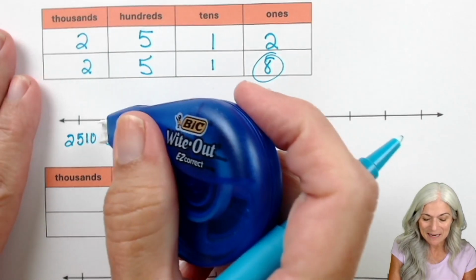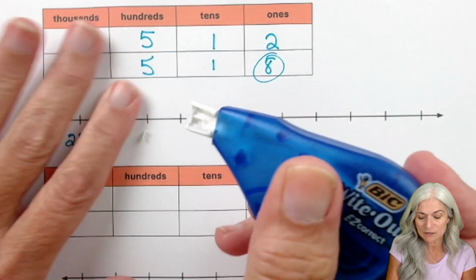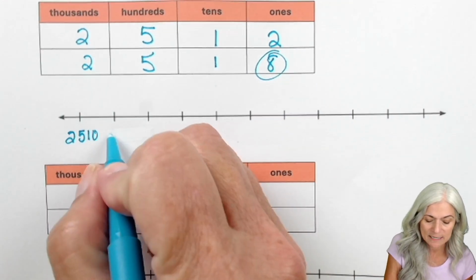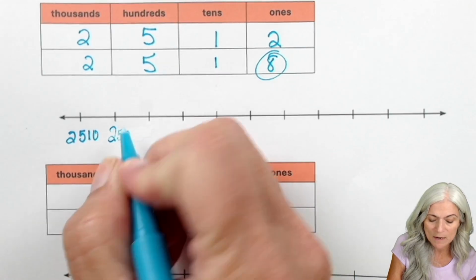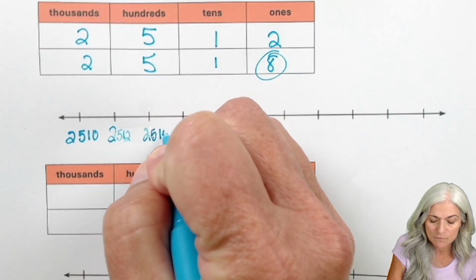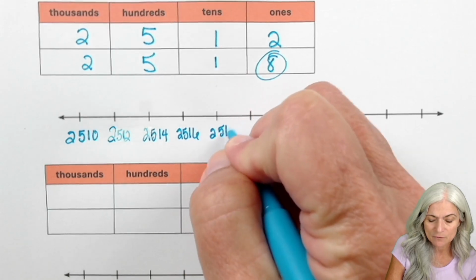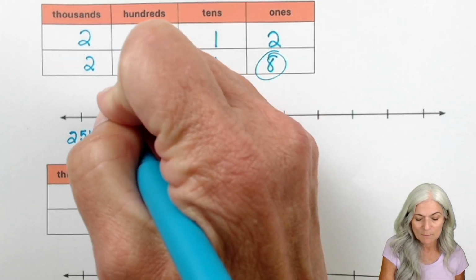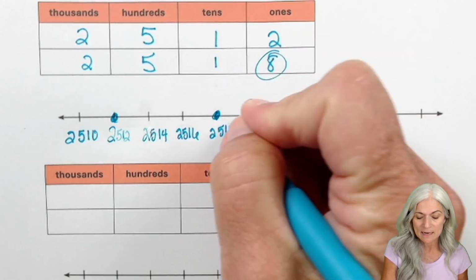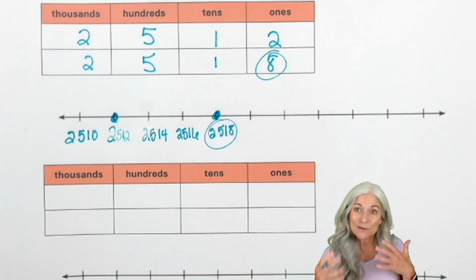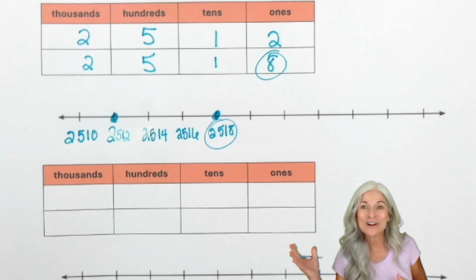So maybe we say, all right, well, I'm going to do it by twos. I'm going to do 2,510, 2,512, 2,514, 2,516, 2,518. So then we could put them on the number line, and it also shows that 2,518 is farther to the right.